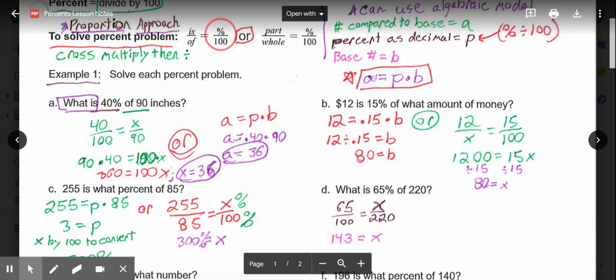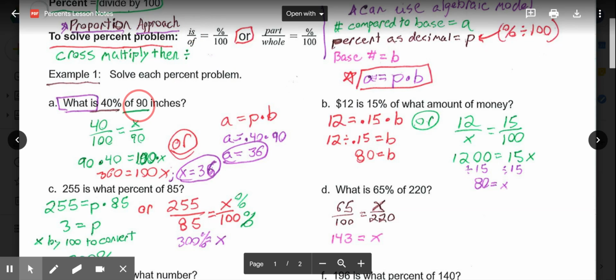I always know if I'm given a percentage, that goes over 100. So they gave me 40%, so that went over 100. Then what is, so they're asking what is. So the word is my variable. That's what I'm trying to find.